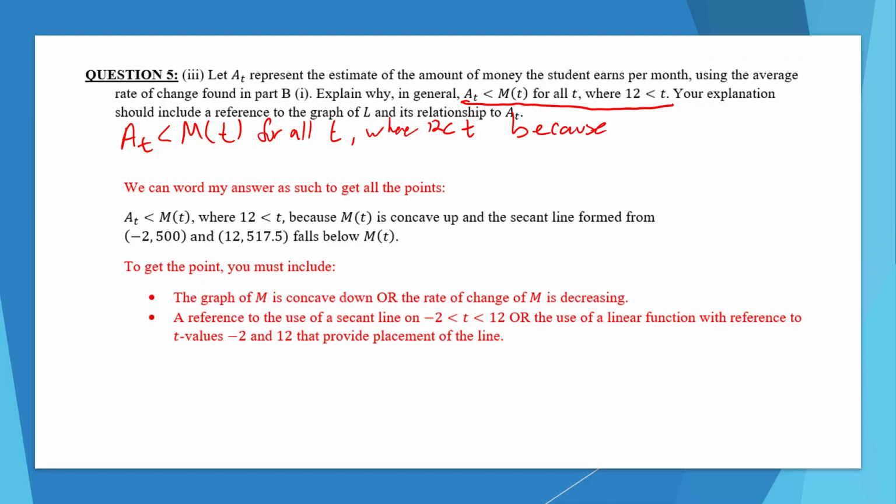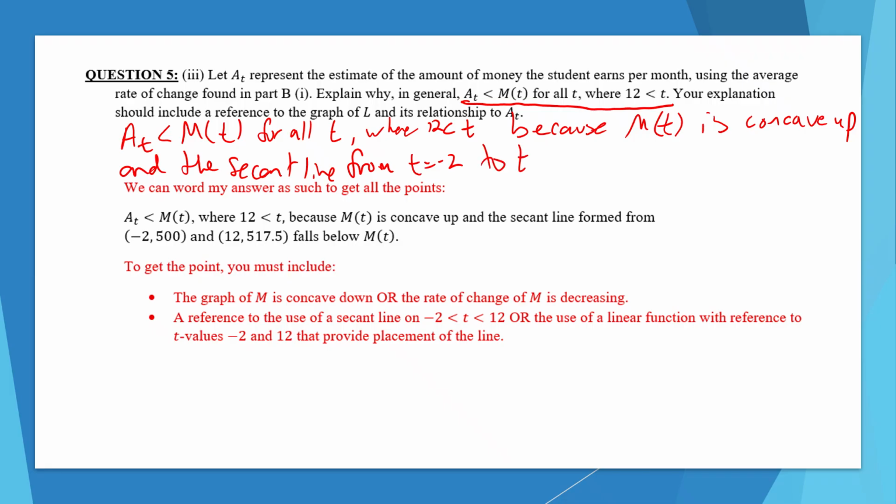And then the first thing I want to say is you need to talk about the concavity of M, not the straight line, because the straight line doesn't have concavity, but the exponential, or quadratic function does. So because M of t is concave up, and the secant line from t equals -2 to t equals 12.